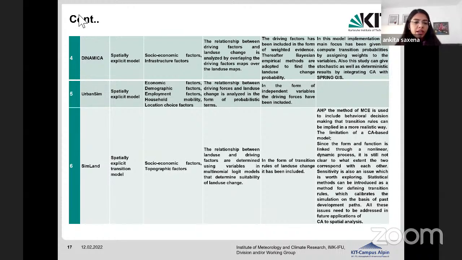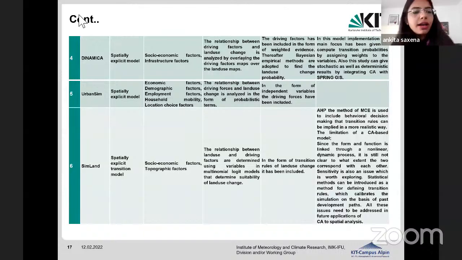And in India, which is very diversified in terms of socioeconomic and topographic conditions, the same sort of variables may not be uniformly applied all over India. That's something we always need to consider while building our urban growth models.